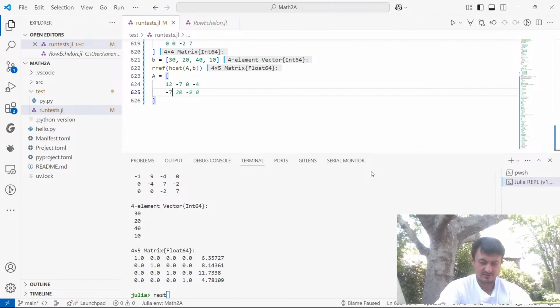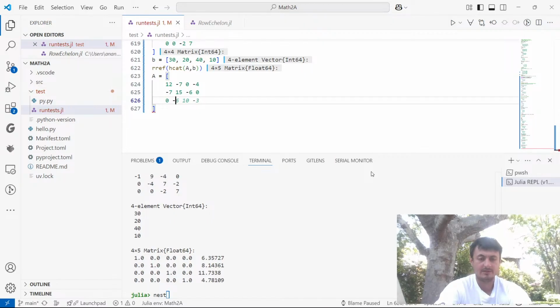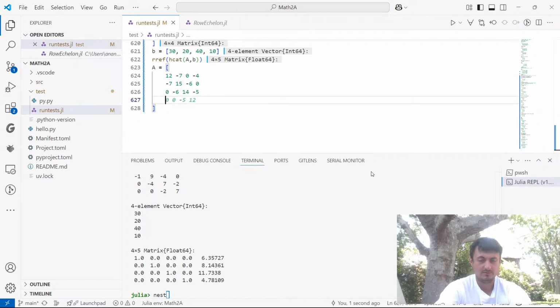Minus 7, 15, minus 6, 0. 0, minus 6, 14, minus 5. And this is going to be minus 4. What was it? 13?